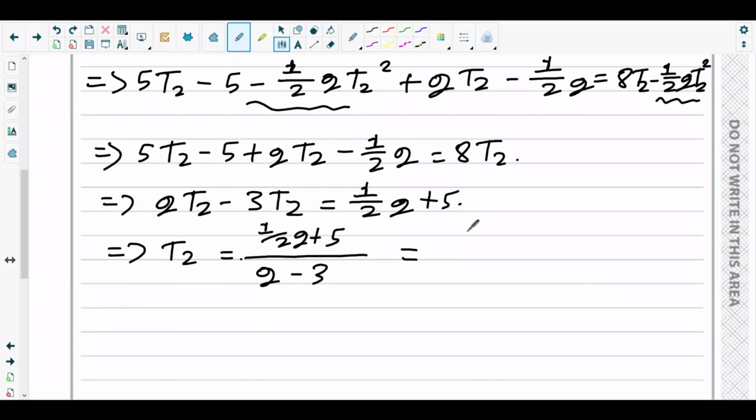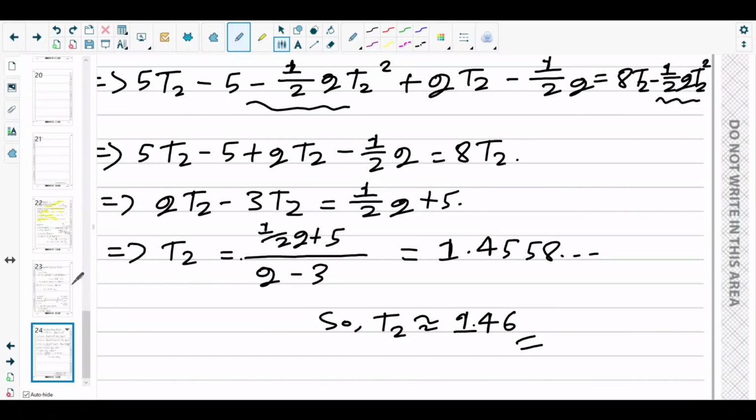This is basically 99 over 68, which is 1.4558 something. Okay, so the value of t2 is 1.46.